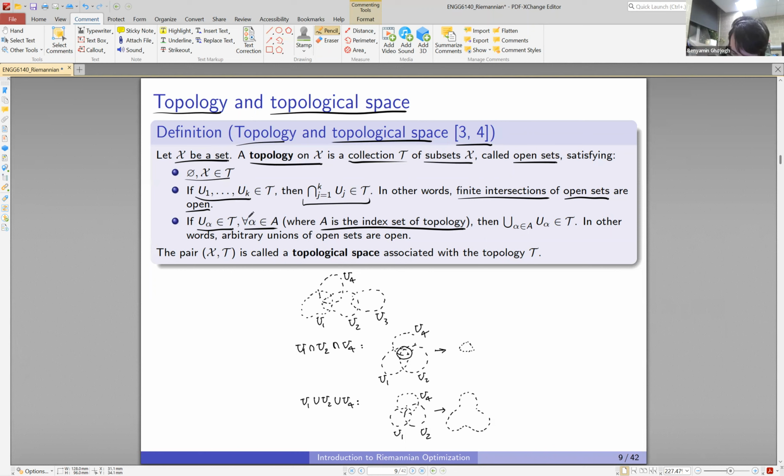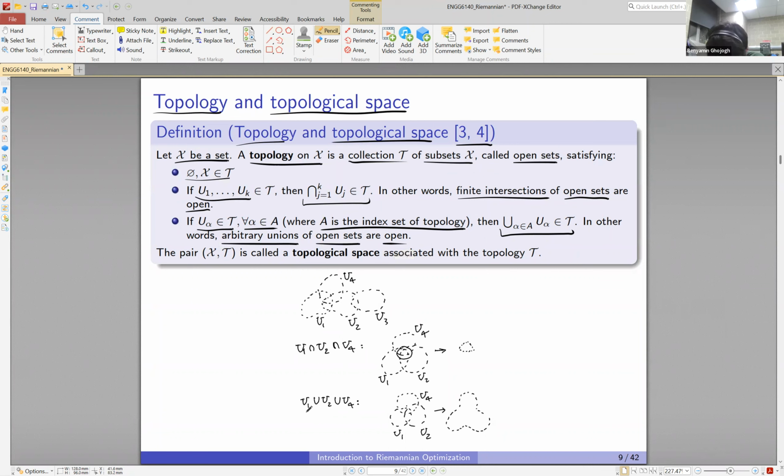For all indices simply means for all U1, U2, U3, U4, etc. in the collection T, their union is also in the collection T. In other words, arbitrary unions of open sets are also open.